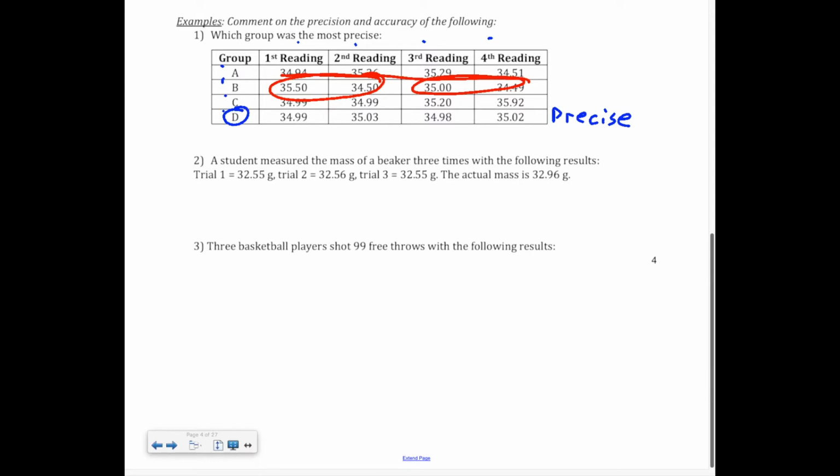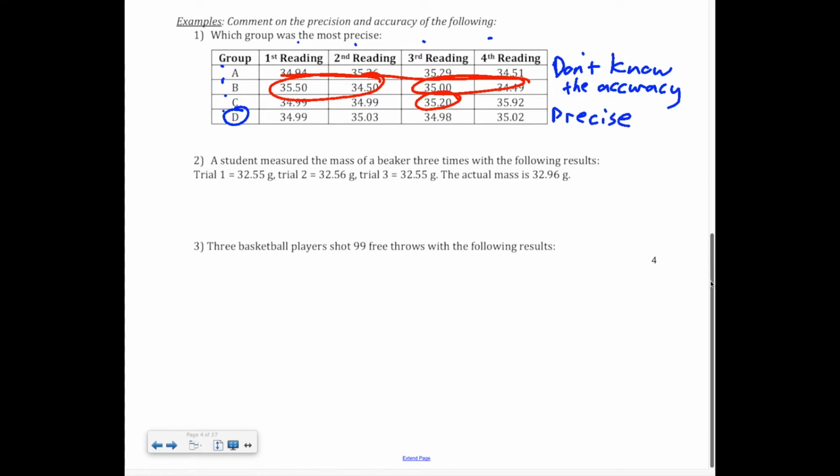And then group C had an outlier here, but group D had everybody pretty much the same. Now there is no true value, so we don't know the accuracy. We cannot comment on the accuracy for number one, okay? We can only comment on the precision.